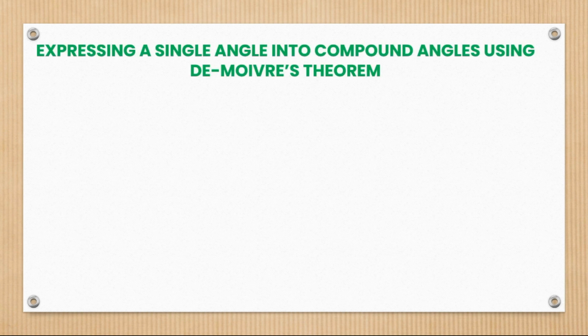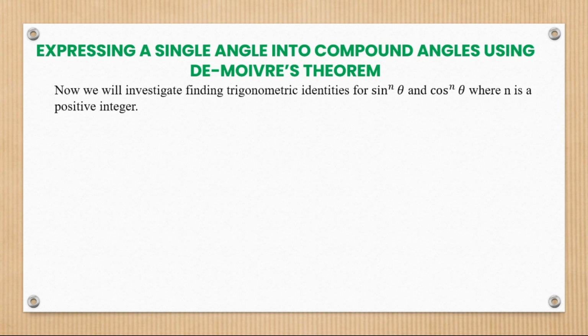Alright, so let's look at another section of De Moivre's theorem. How about when we are asked to express a single angle in terms of compound angles using De Moivre's theorem? Now we will investigate finding trigonometric identities for sine to the power n theta and cos to the power n theta, where n is a positive integer.